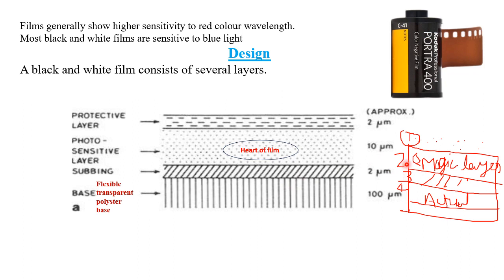here when the silver halide crystals are exposed to light, they undergo a change and a latent image is formed on the crystals.